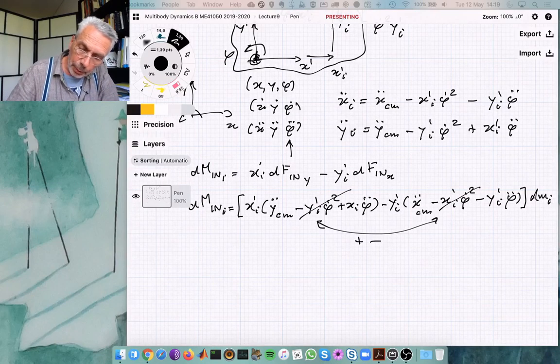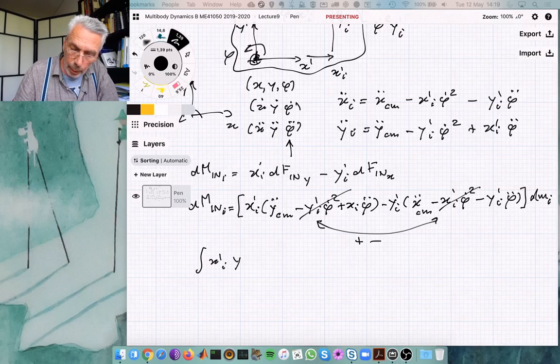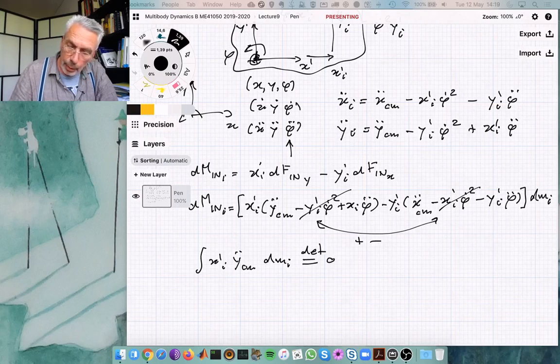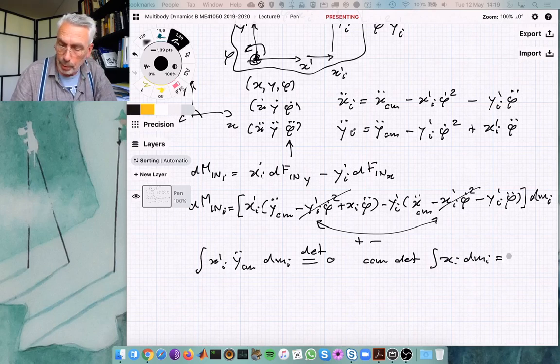So we are stuck with this guy and with this guy. Now what is going on with this guy? We have the integral of x prime i y double dot cm dmi, and I say that is by definition 0, because the COM is defined such that the integral of distance times mass is 0.